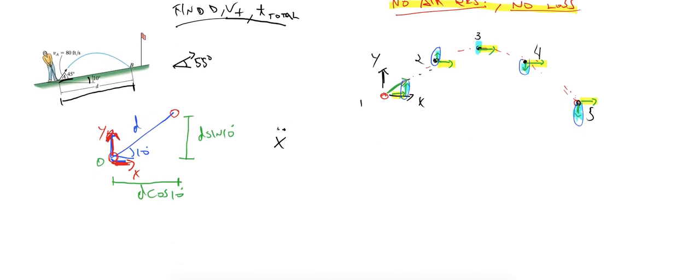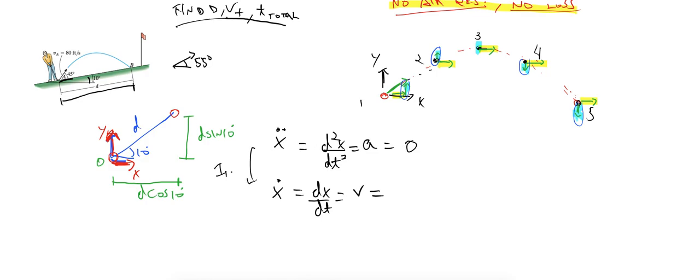So x double dot, which is the same thing as d squared x dt squared, in other words acceleration, is equal to 0 in the x direction, because there's no change in velocity. So easy. x dot, which is dx dt, is equal to v when I integrate acceleration. Imagine in your head, you're integrating.